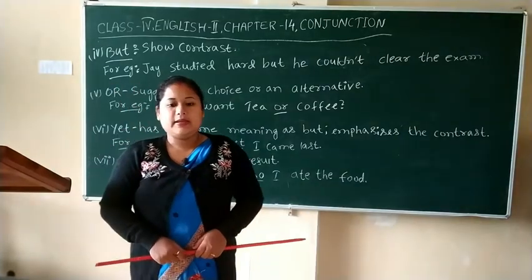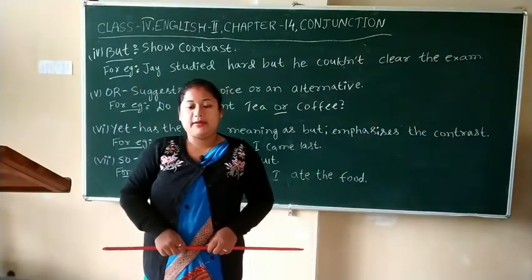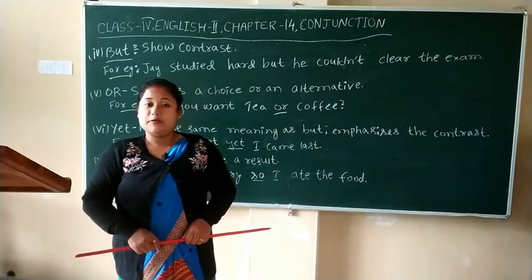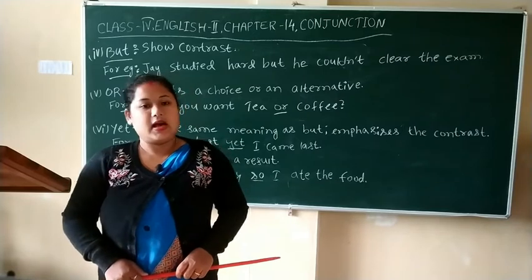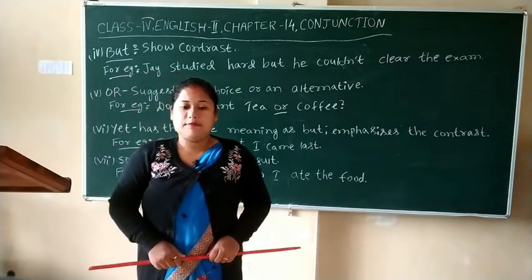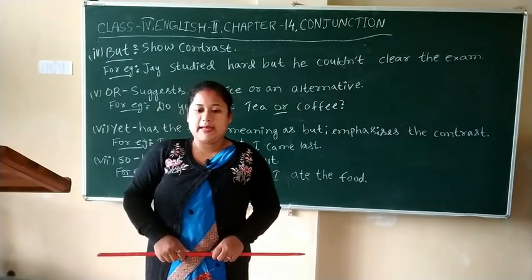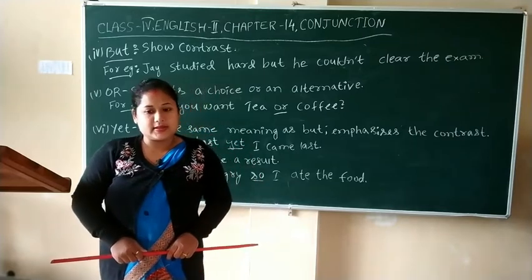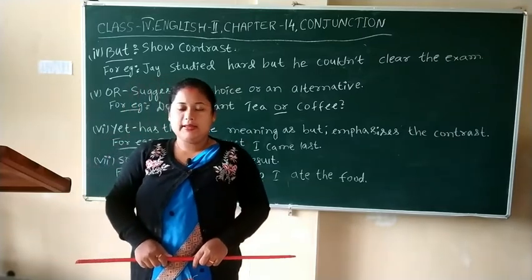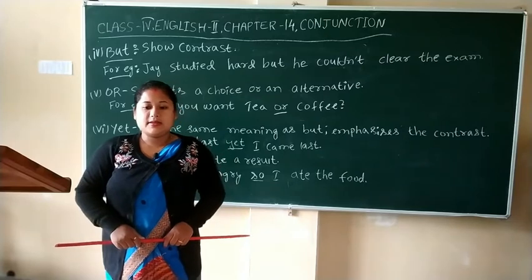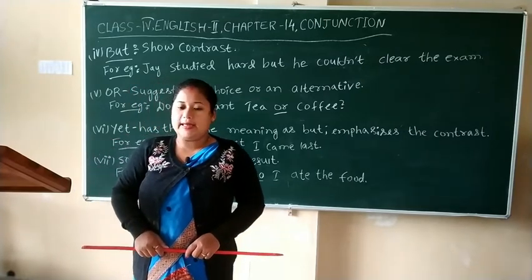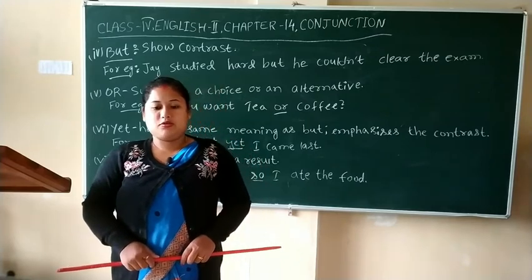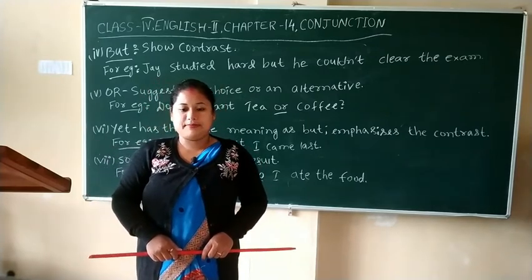Here, yet is used to convey that even if I ran fast, I could not come at a good position and settled at last only. Uses of yet. The conjunction yet can join two sentences. The conjunction yet has a meaning similar to that of but. The conjunction yet is used to contrast two statements like but.